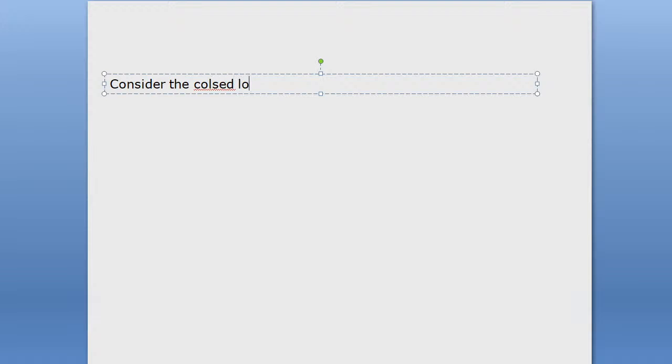Consider a closed loop to verify the property 2 for the incident matrix. Consider the closed loop 1 2 4 1, this path 1 2 4 1.